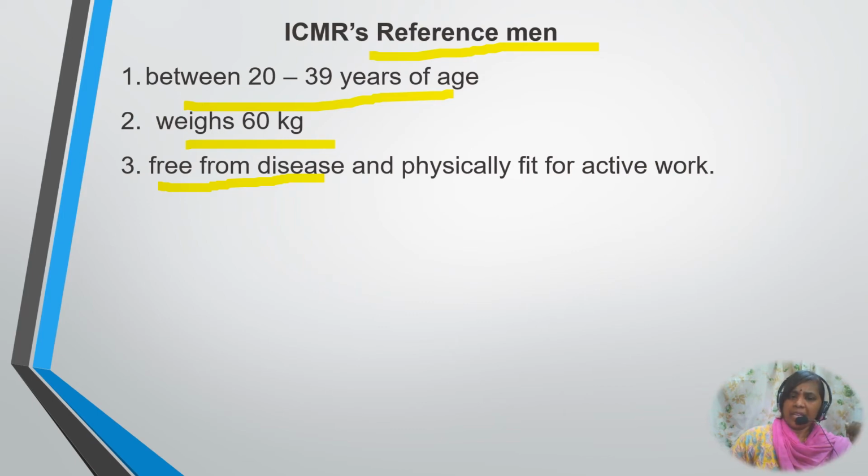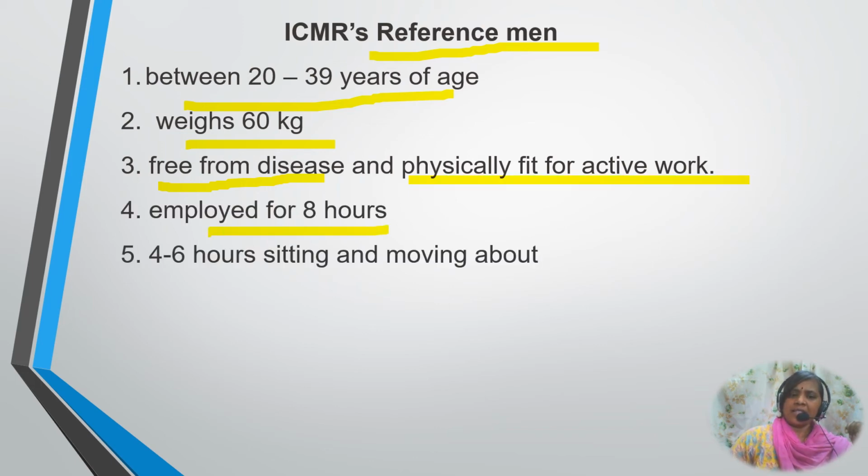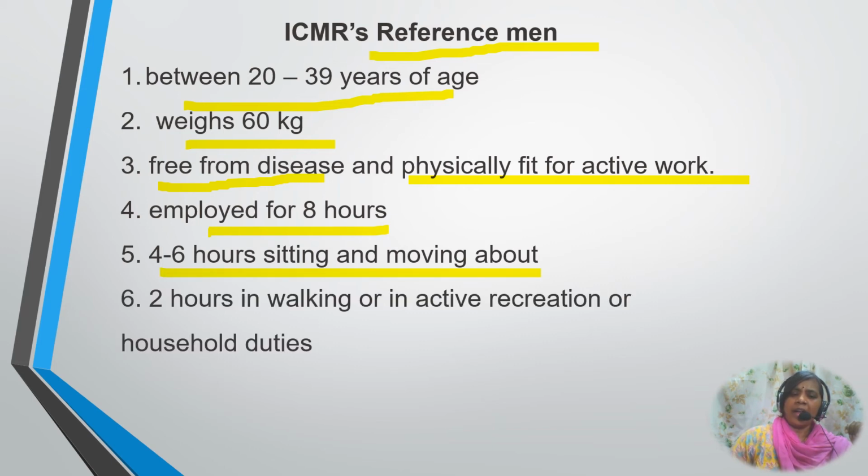So free from any disease and physically fit for any active work, employed for 8 hours, then 4 to 6 hours sitting and moving about, then 2 hours in walking or active recreation or household duties, then 8 hours in bed. So these are the conditions in ICMR's definition of a reference man, taken for giving a nutritional requirement for our RDA.